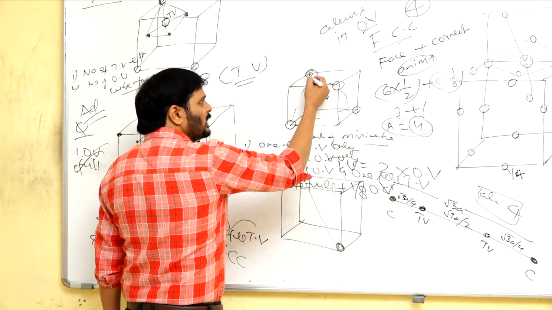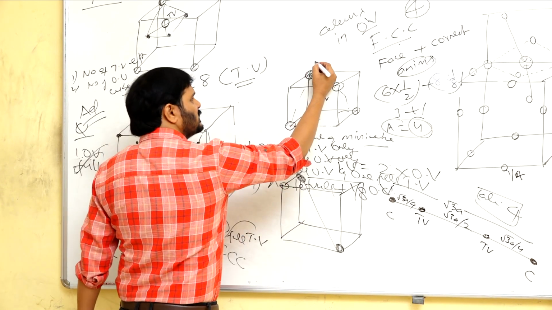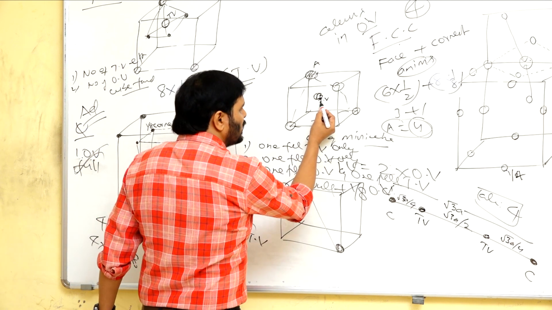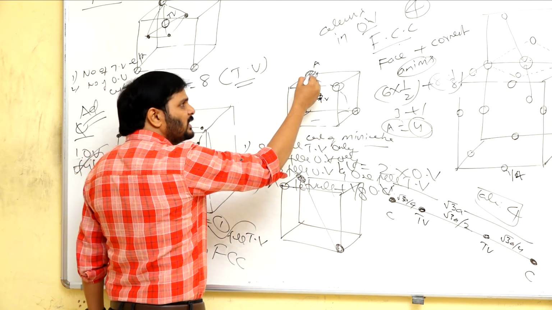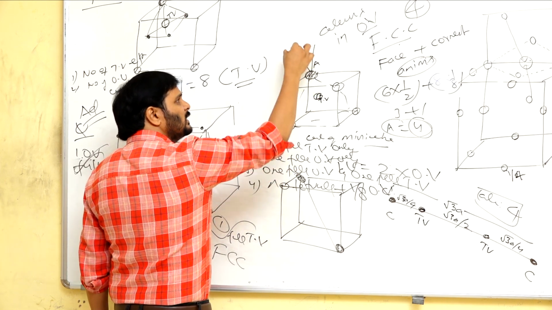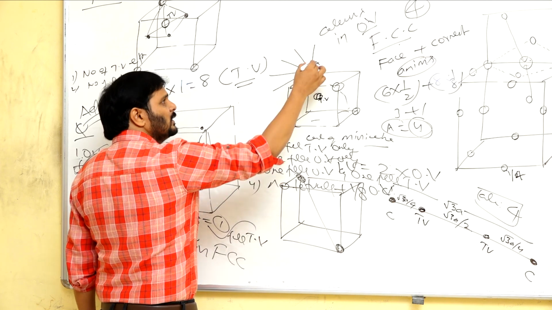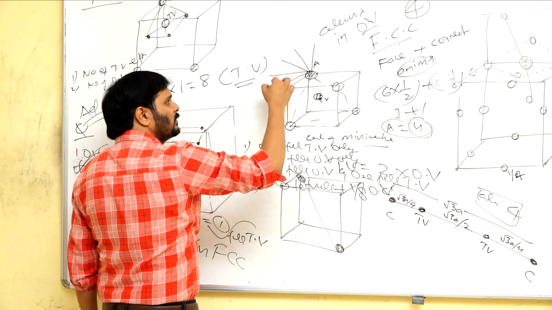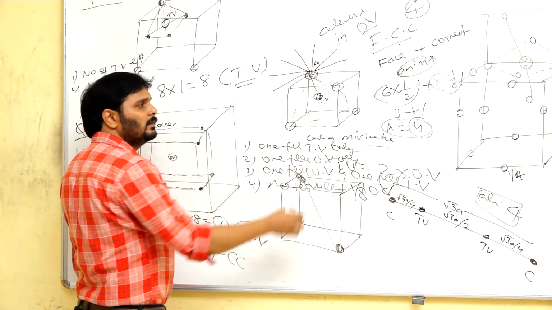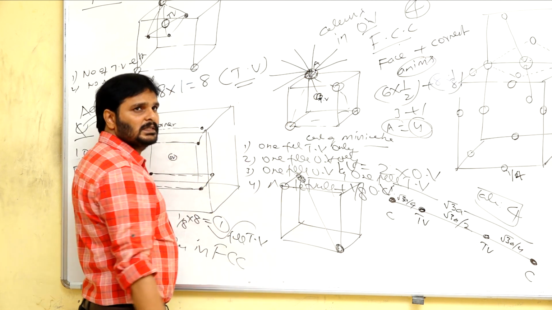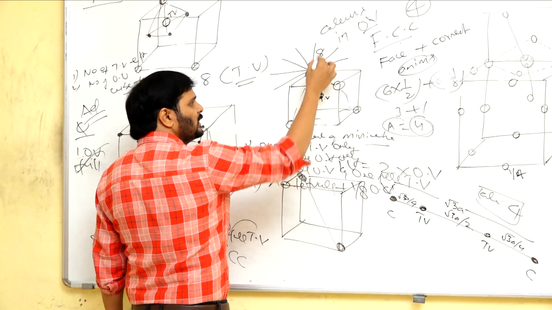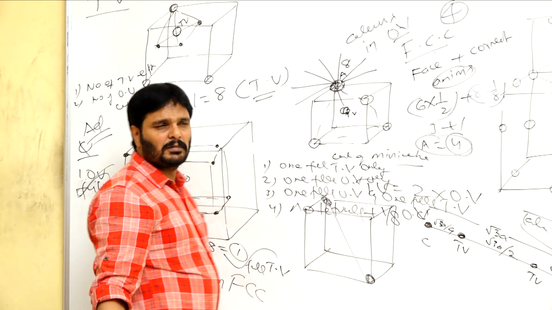Suppose this is atom A and this is B. Now its coordination number is 4. Now in this unit cell, this atom is common to 8 unit cells, 1, 2, 3, 4, 5, 6, 7 and 1 is this. So the coordination number for this atom is 8, and for this atom the coordination number is 4.